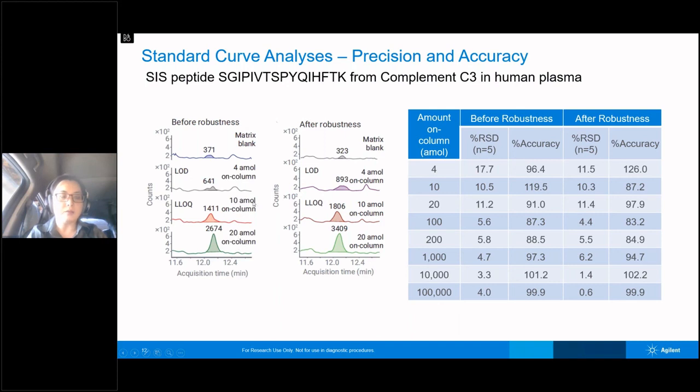You can see even at these low levels, we can detect a very nice peak for quantification. And on the right is the RSD and quantification accuracy for each level. We can observe very nice RSD and accuracy across all the levels tested, even at the LOD and LOQ levels.